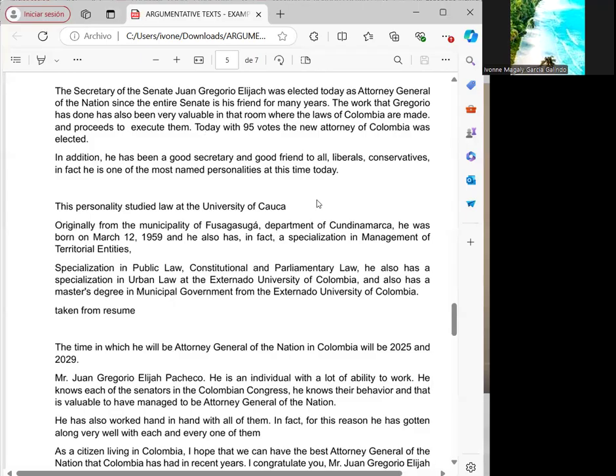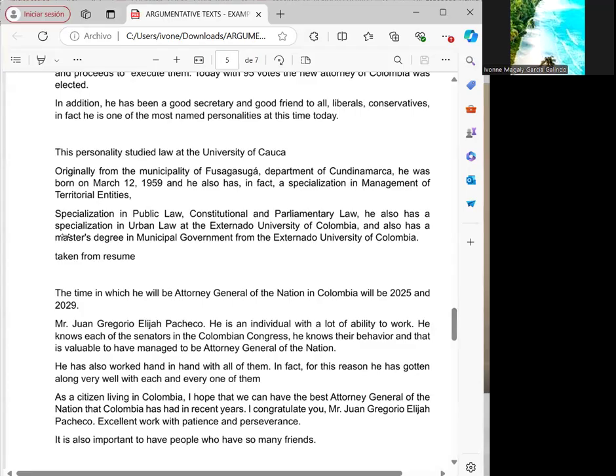So here, this is my point of view. Okay. He was the best option. He was elected. He is going to be one of the best ones because he has so many friends. He's one of the main personalities we have now in this country, and all his background, all his educational background and everything.